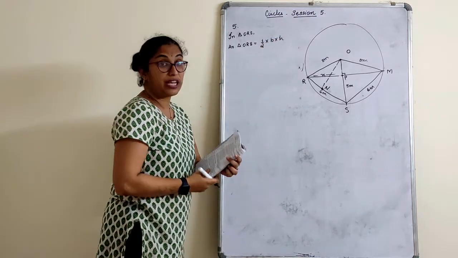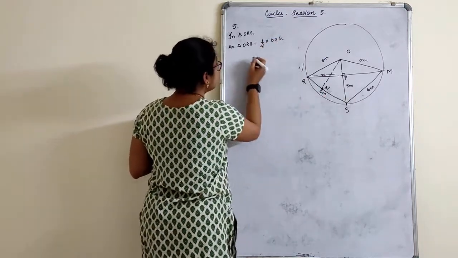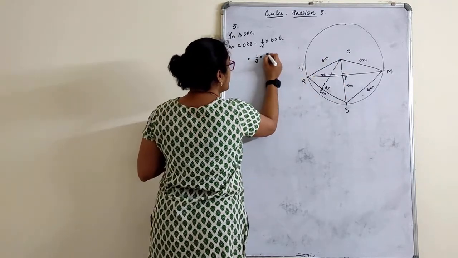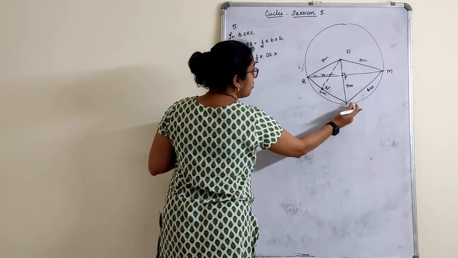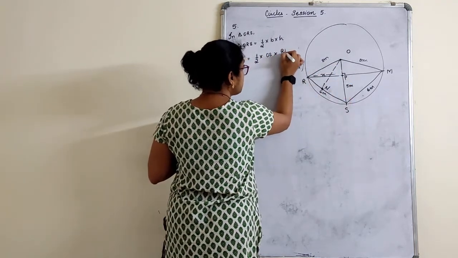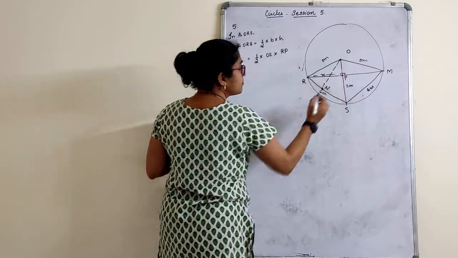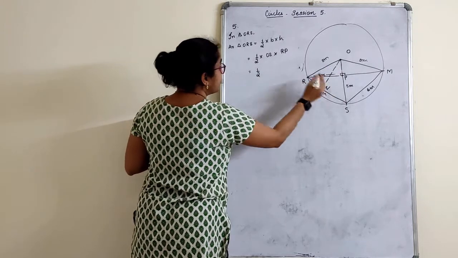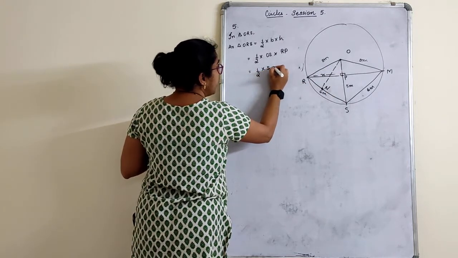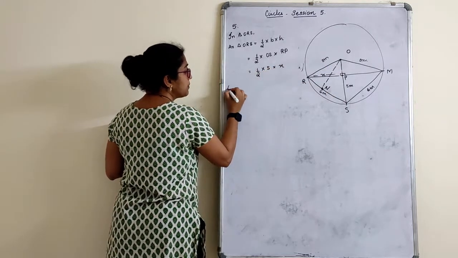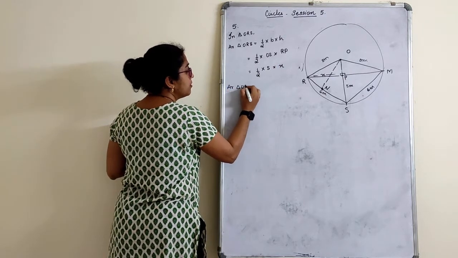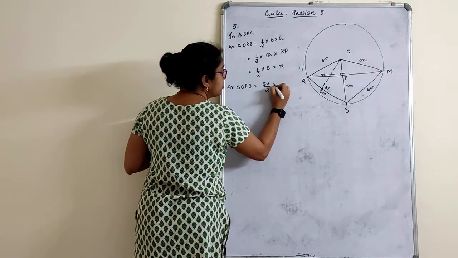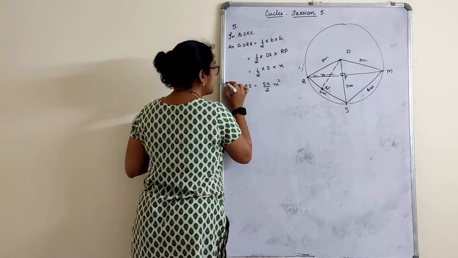So half, I will consider base as OS, and if base is OS, can height be RP? Yes, because it is perpendicular. So half, what is the OS measurement? That is nothing but the radius, and what is RP? That is X. Area of triangle ORS is equal to 5x by 2 meter square. Keep this as it is.